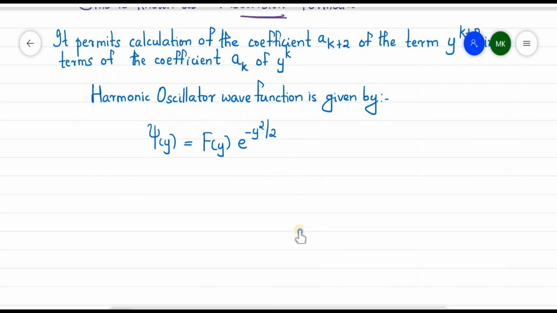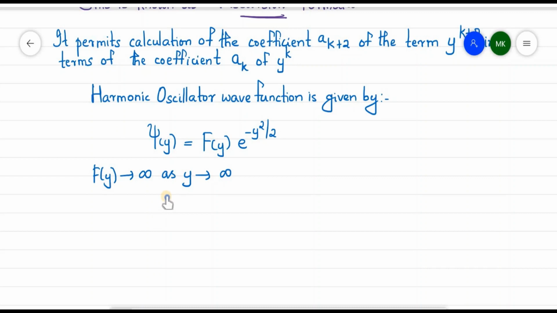The power series will consist of infinite number of terms, and the function f of y will tend to infinity as y tends to infinity. That is, the behavior of power series for large values of y is unacceptable.